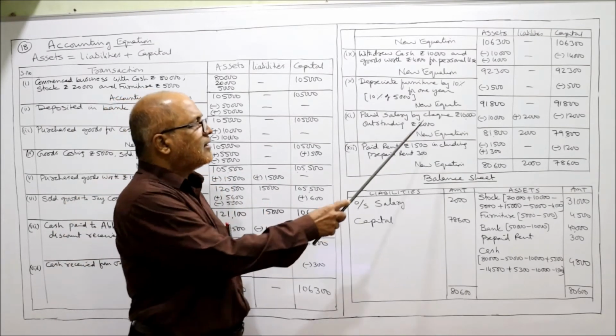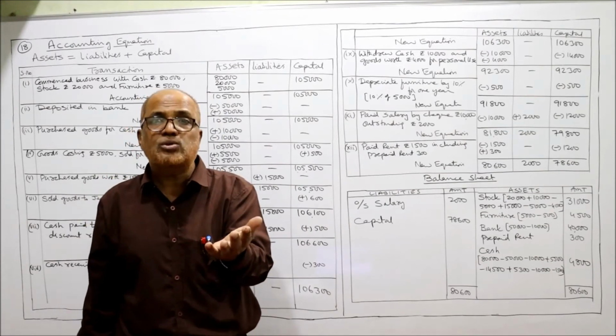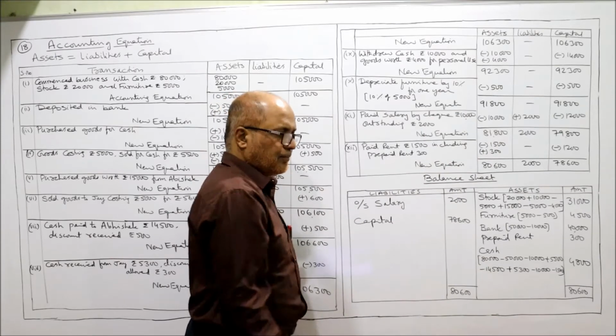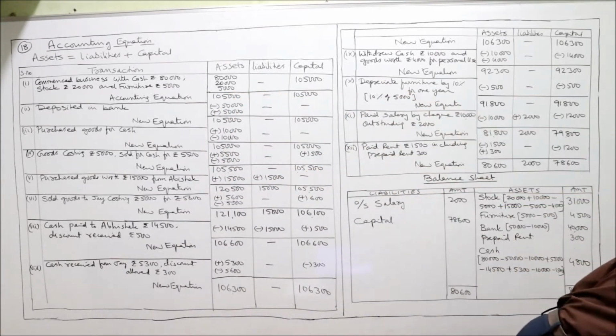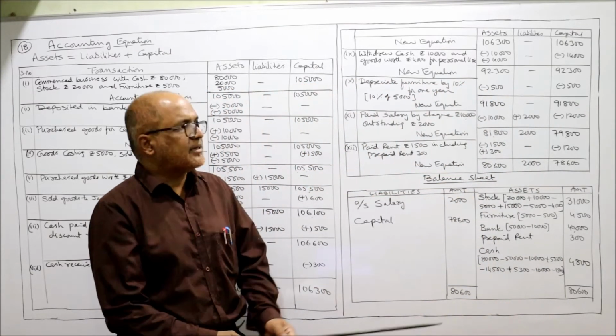How much salary paid? 10,000. How much is due? 2,000. The total salary is 12,000. The 12,000 rupees will be deducted from capital.